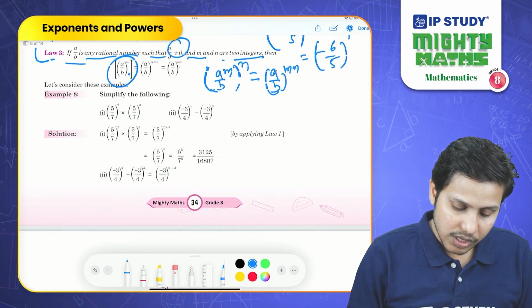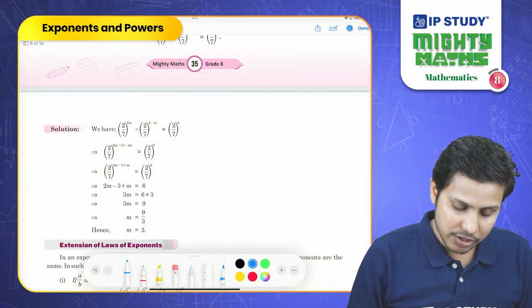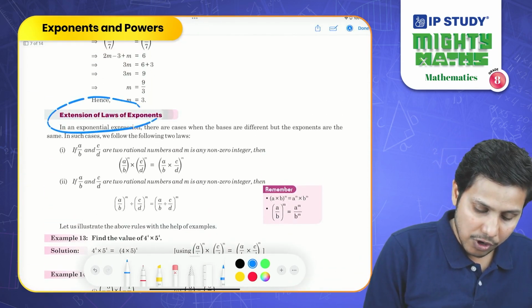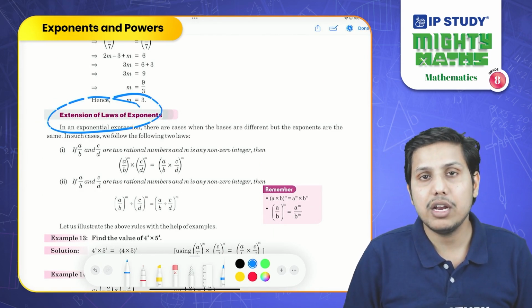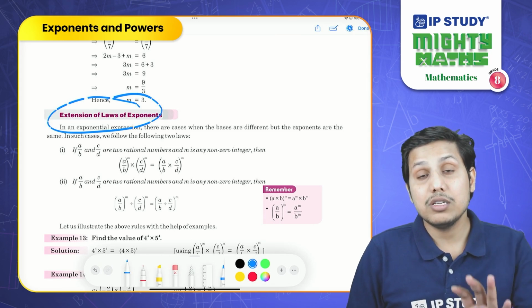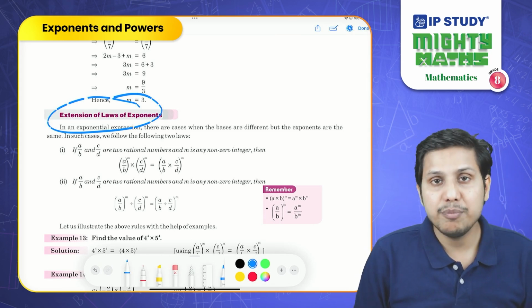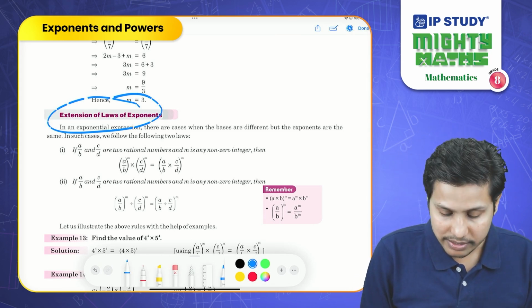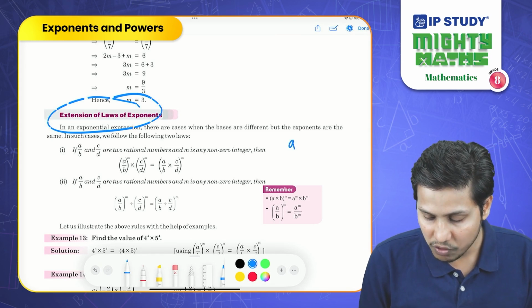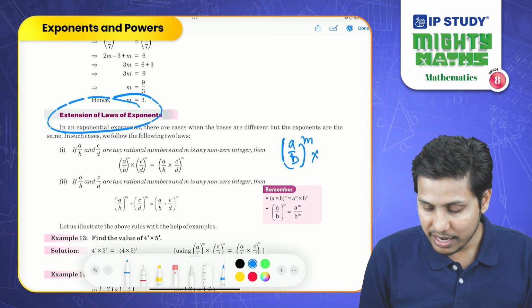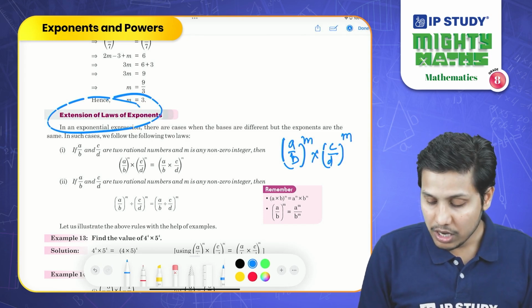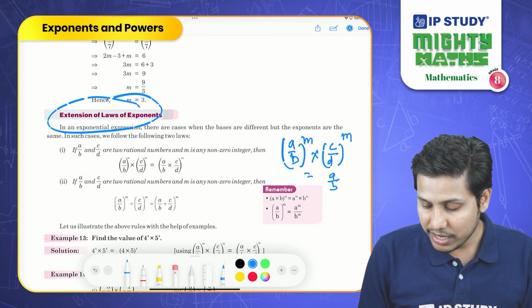Yes. Next, moving to the next topic, that is extension of laws of exponents. Students, it is nothing but the extension of the topic that we were doing before, which was laws of exponents. So here instead of the bases, the exponents are considered the same. If we have different bases like a over b and c over d and the exponents are the same, m, then we can write the multiplication of the rational numbers first and then have a single power.